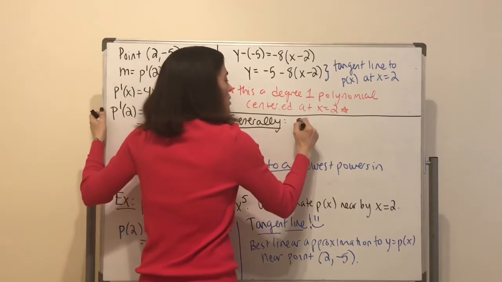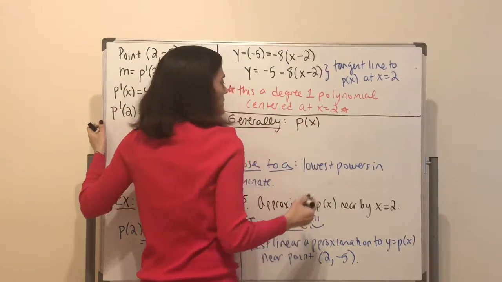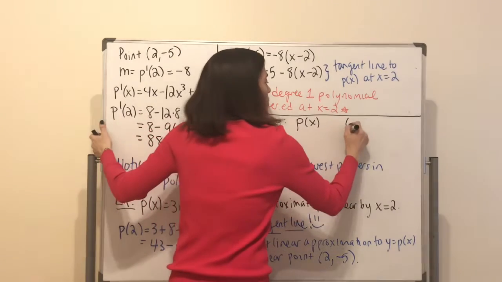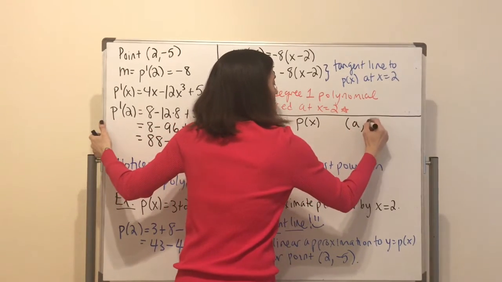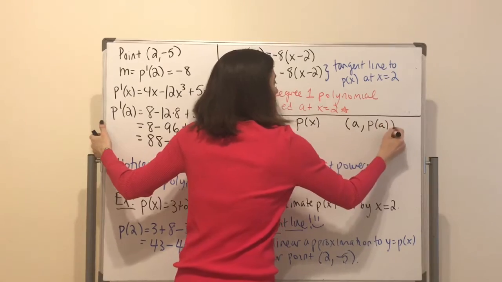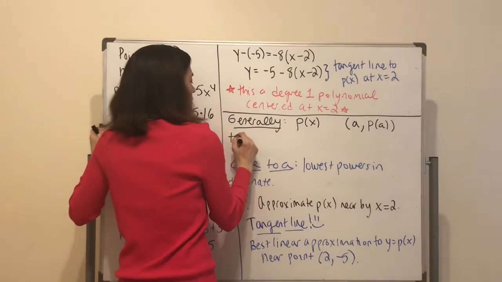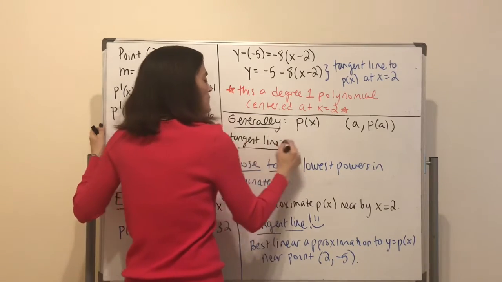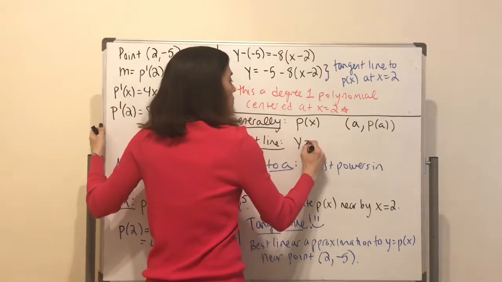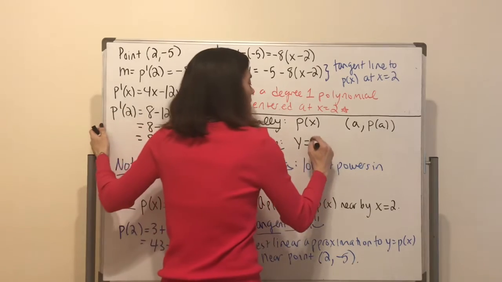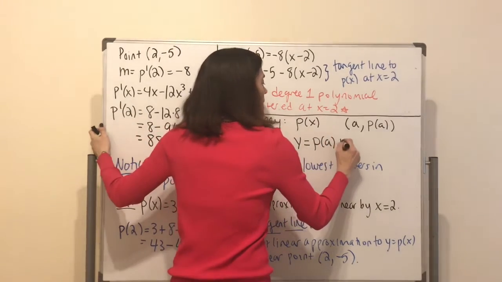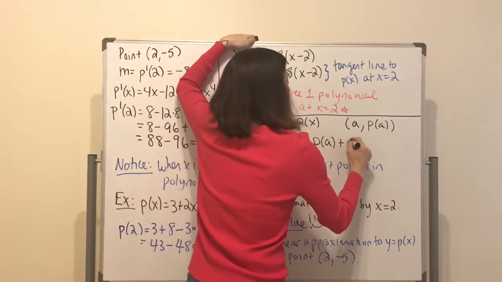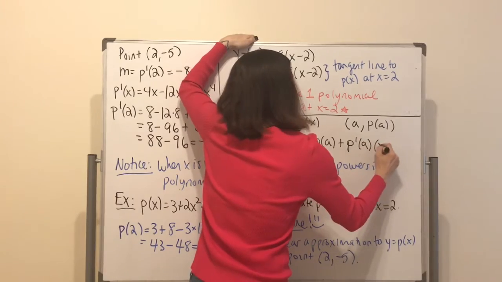If you have a polynomial p of x, and you have a point a comma p of a, the tangent line has the form y equals p of a plus p prime of a times x minus a.